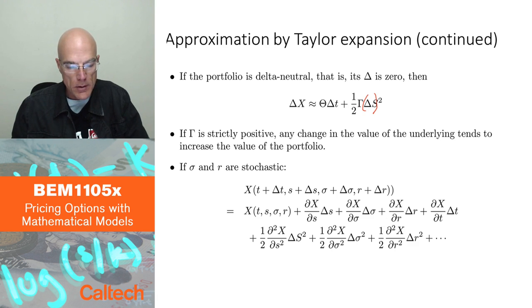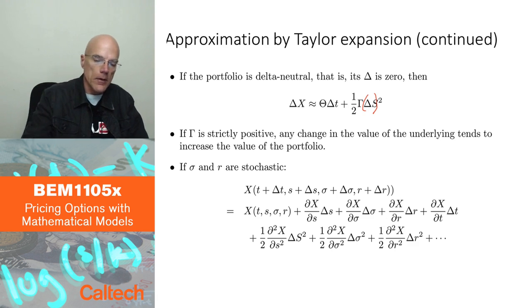Just to mention, if your portfolio also depends on other variables like sigma and r, volatility and interest rate, then you just do a Taylor expansion of a function of 4 variables. So you have all the first derivatives, with respect to S, delta S, with respect to sigma, delta sigma, and so on.